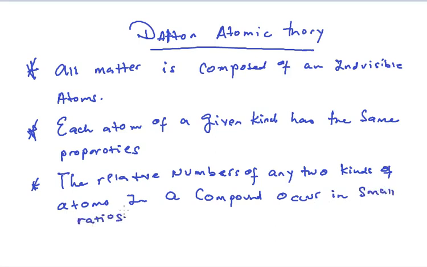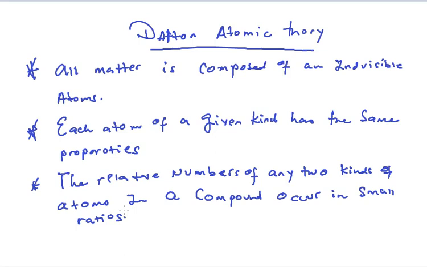This is also another important theory of Dalton, and this actually briefly defines the difference between a mixture and a compound. As we noticed in our previous presentation, a mixture has a variable composition and can be separated physically, whereas a compound has a definite ratio, a definite composition, and cannot be separated physically.